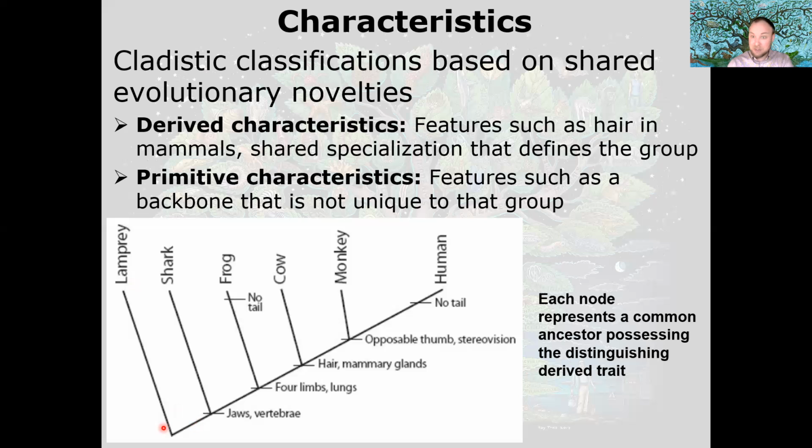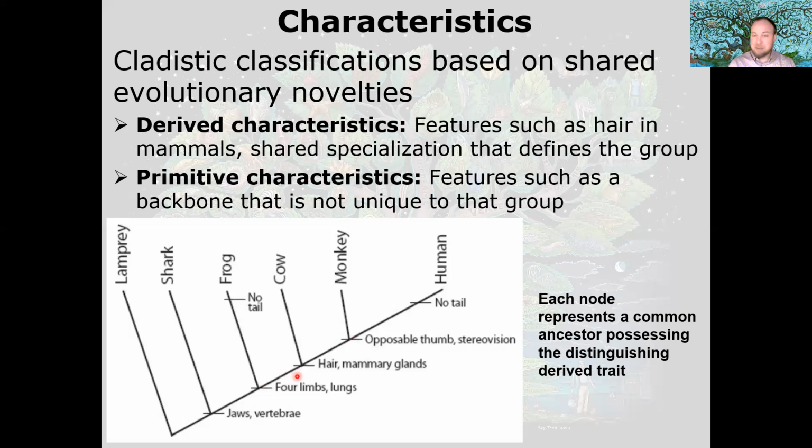They're a relatively early developed organism, a lot of primitive characteristics. The next step along here is development of jaws and vertebrae. Sharks have those, lamprey do not. Moving along, forelimbs and lungs, frogs have that, sharks do not, lamprey do not. Everything up this way does, or at least did at one point.